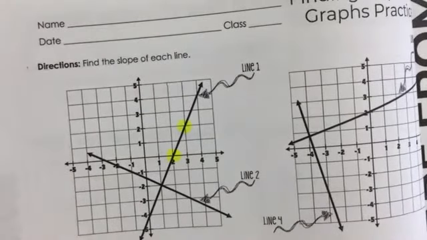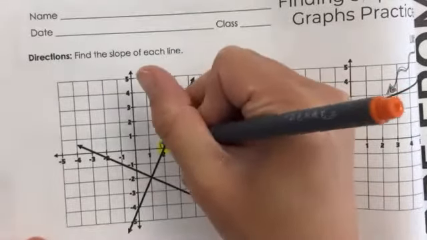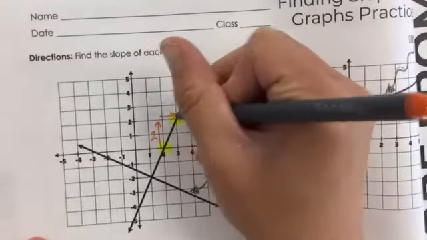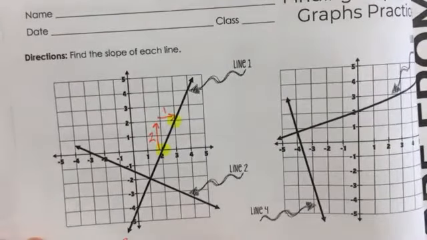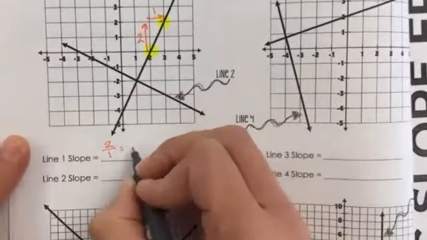Okay, so I always start with the one on the left. I'm going to go up 2 units and then right 1 unit. So then when you write it, it's 2 over 1, which reduces to just a 2.